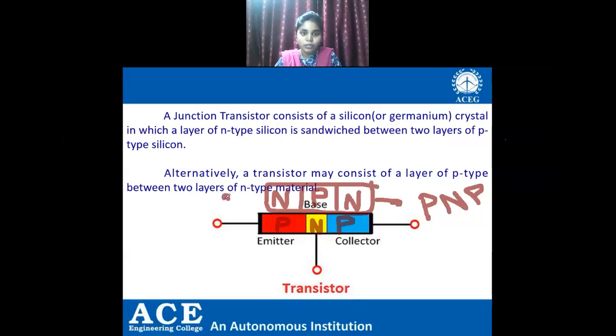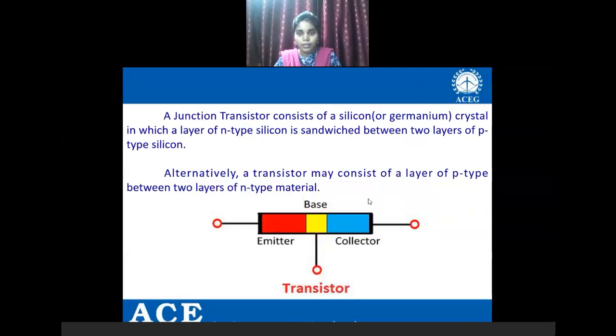As usual, for this also we have three terminals. This is the emitter, the middle one is the base, and the last one is the collector. These are the three terminals of an NPN transistor. This is what is meant by sandwiched between n-type and p-type.